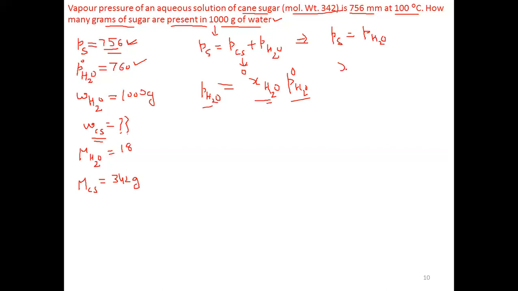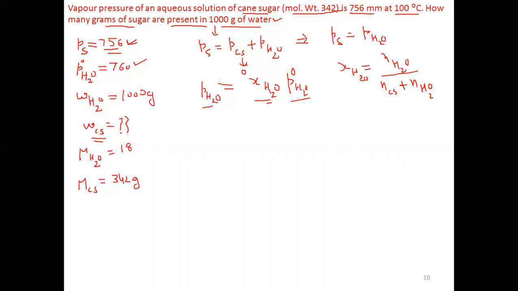So X water is, as you know, N water, the number of moles of water, divided by the number of moles of cane sugar plus the number of moles of water.